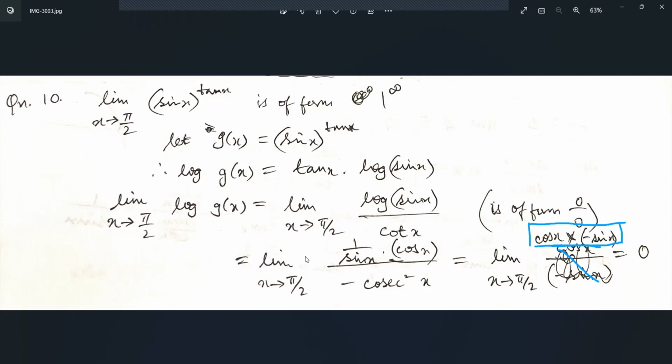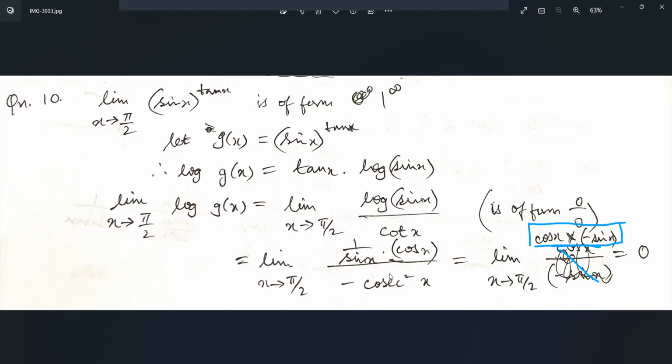So in differentiating the numerator log sin x, we use the chain rule. So the first time it gives us 1 by sin x, and then differentiating sin x, it gives us cos x. Whereas the denominator, when we differentiate cot x, gives us minus cosecant square x.